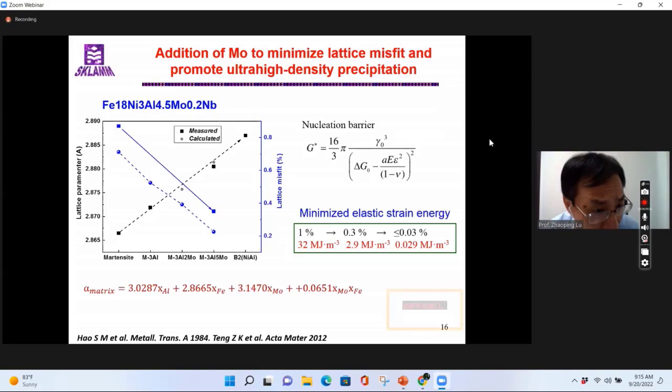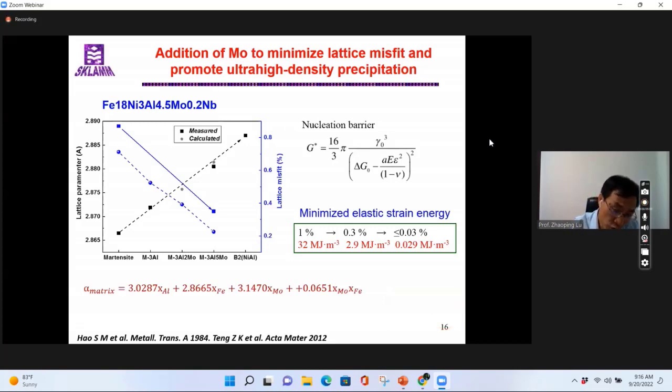Okay, here shows the composition of our steel: iron, nickel, aluminum, molybdenum, with a little bit of niobium. The very important addition is the molybdenum. Addition of molybdenum further minimizes the lattice misfit, because molybdenum has zero solubility in the nickel aluminum, and it mostly dissolves in the matrix.